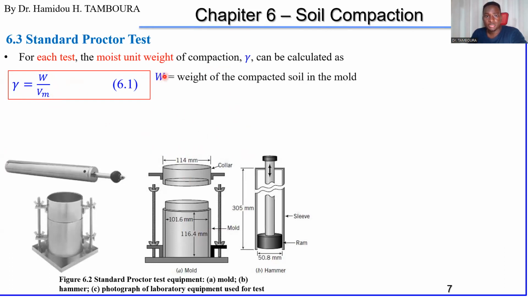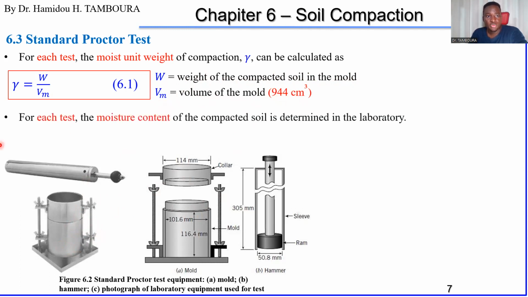Then, of course, this is the weight of compacted soil, it doesn't include the weight of the mold. Only the weight of the compacted soil in the mold. The volume VM is the volume of the mold. Yeah, it's written here, 944 cubic centimeter.